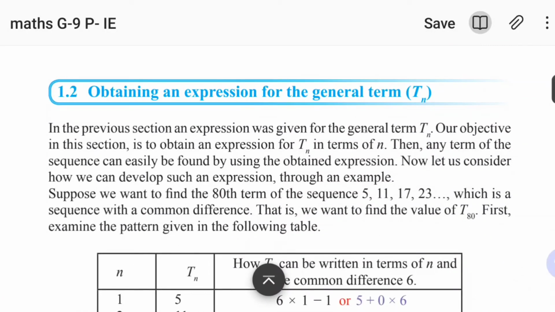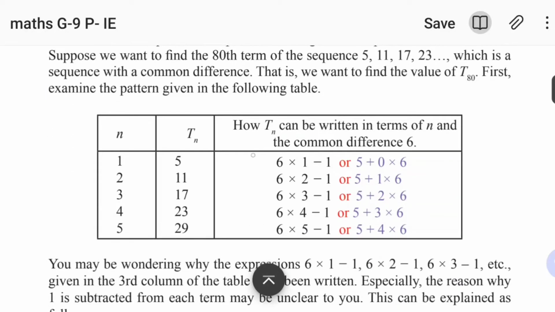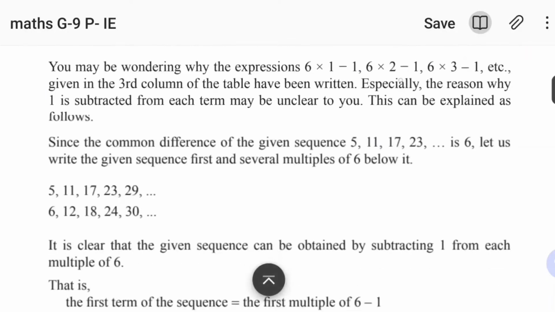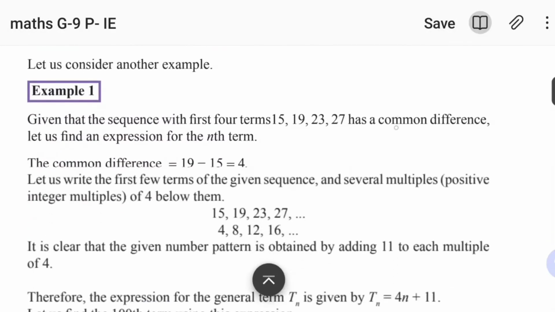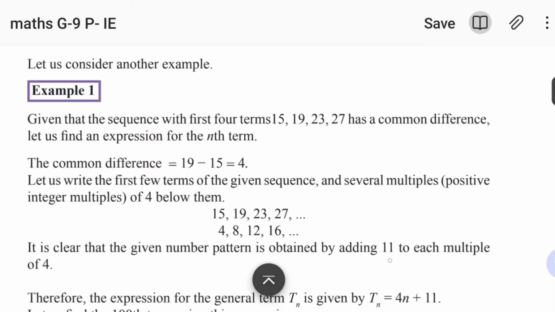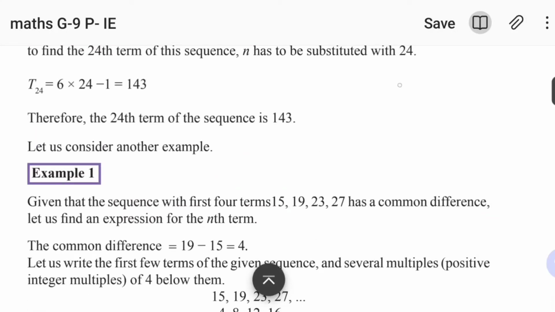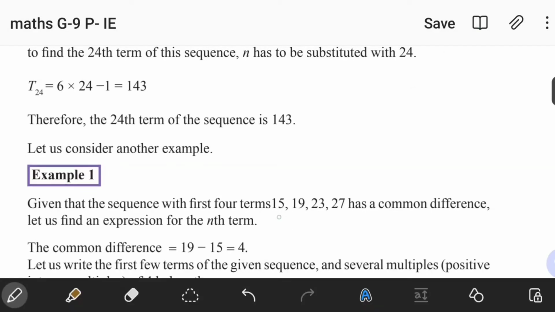Okay, so now we already did this previously, obtaining an expression for the general term. We already did that for that example previously. So let's go through a few examples to see how to derive the general term. For this particular pattern, the common difference is 4.